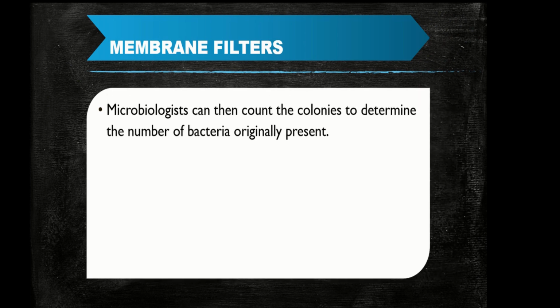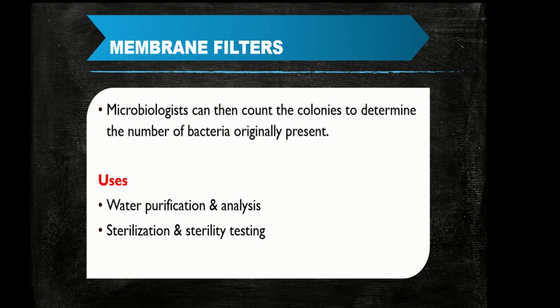The microbiologist can then count the colonies to determine the number of bacteria originally present in the material which we have filtered. So they can be used for water purification and analysis purposes. The water which is to be used for human beings can be analyzed by passing the water sample through this filter, and you can isolate the organism. Secondly, it is also used for sterilization and for sterility testing.